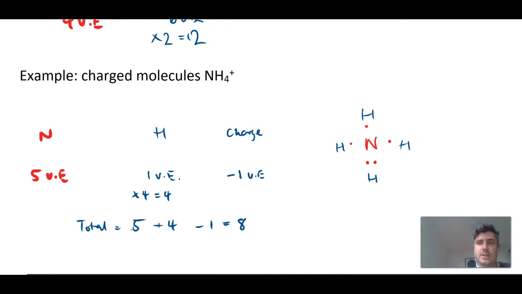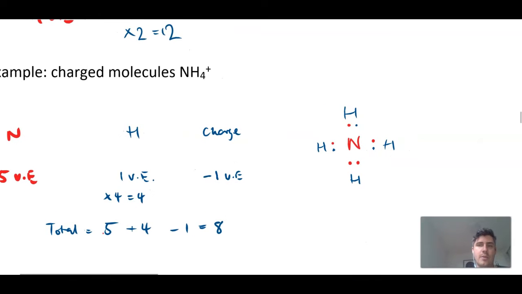Actually, to form this substance, the hydrogen has actually lost an electron and bonded straight to nitrogen. So nitrogen supplies both the electrons for that bond. And these ones are normal shared pairs. So this actually makes a total of, and I should add that there is a positive charge here overall.